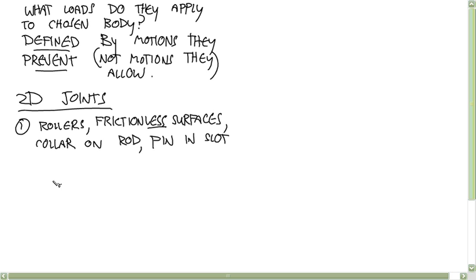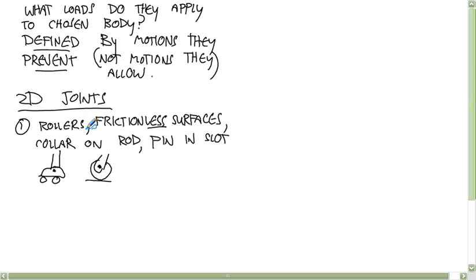Rollers, you'll see in pictures like this often. Like a little roller skate under something. You'll also see it as just a wheel. That's, I guess, what I ended up doing in my example.